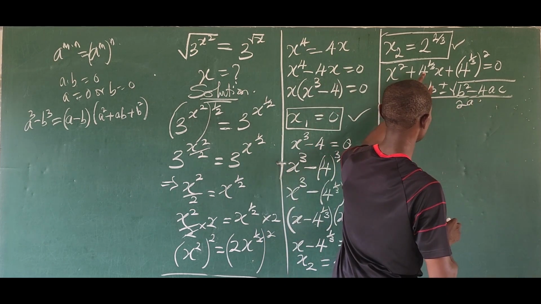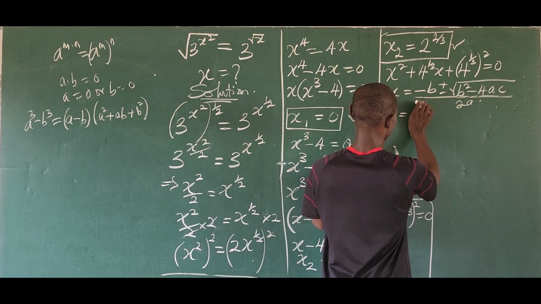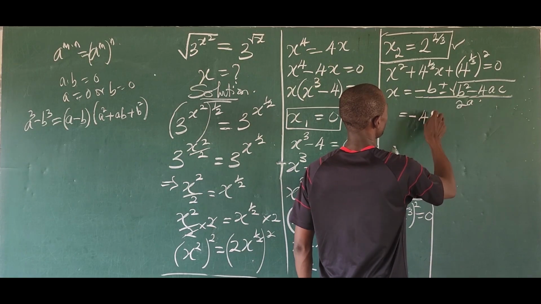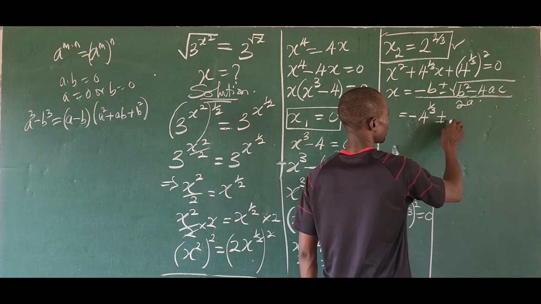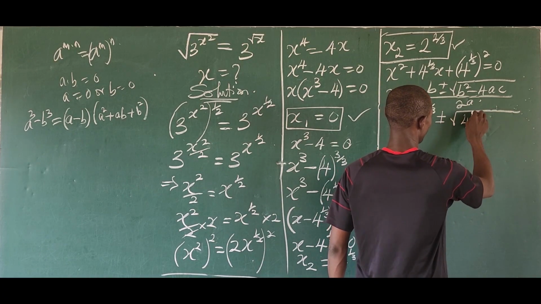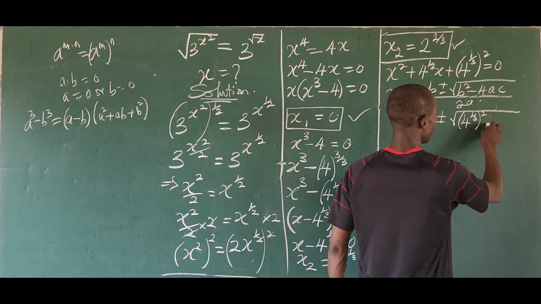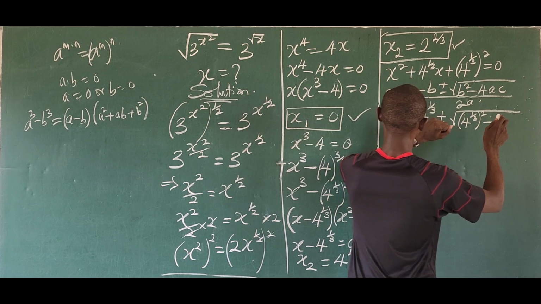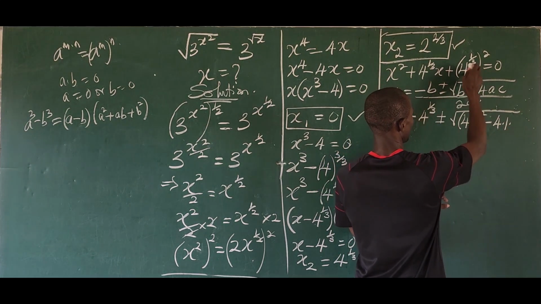Substituting, what is our b? Our b is this. So we have a minus here. So we have minus our 4 to the power of 1 all over 3, then plus minus the square root of our 4 to the power of 1 all over 3 all raised to the power of 2, then minus our 4 times our A is 1, so we have 1 times our C is this.